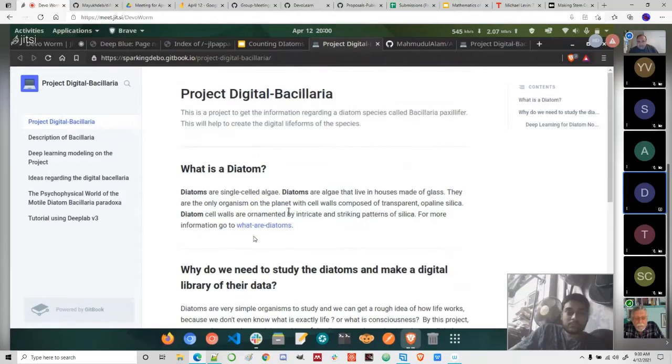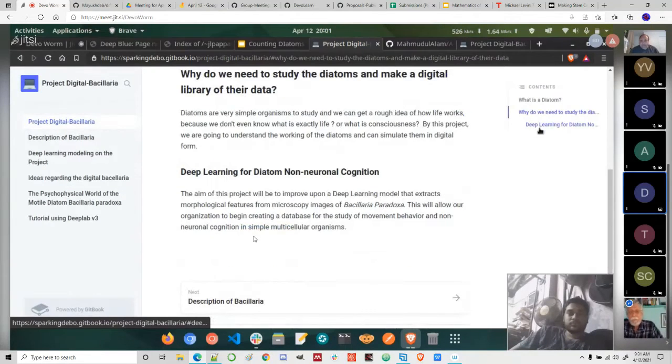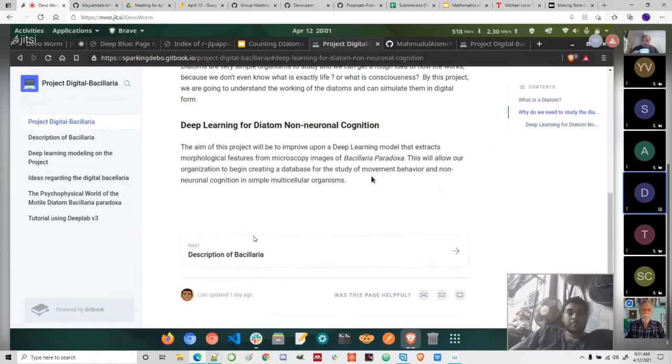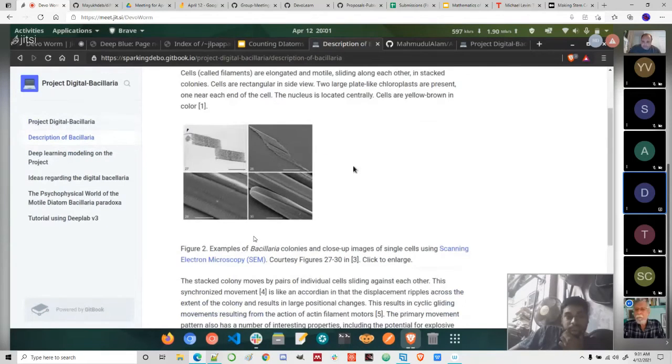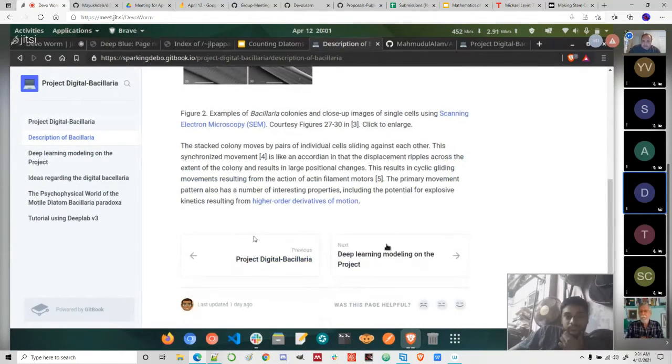This is sort of like the read the docs structure where you have the menu on the left. Oh, that looks pretty decent.